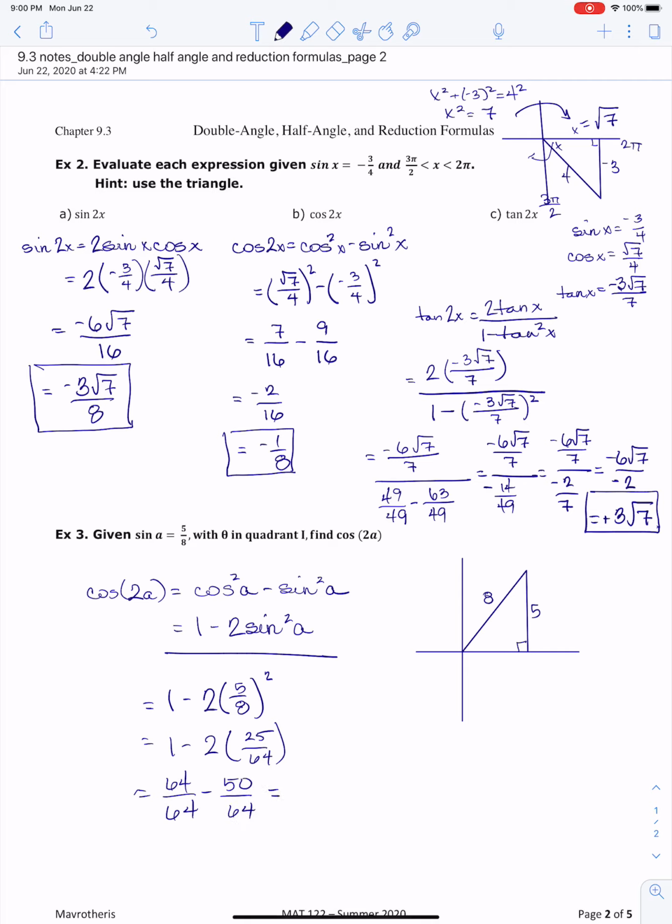And I end up with 7 over 32. Sometimes, because we are used to drawing the triangle to find all three sides, we end up doing more work than we need to. So, always good, take a breath. Make sure we're not doing any more than we have to.